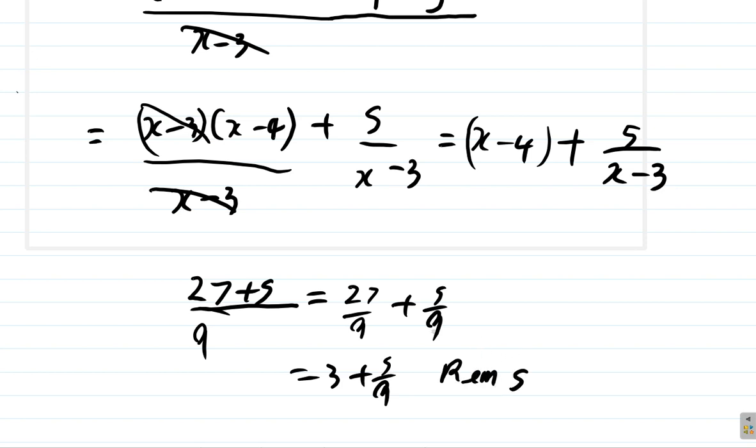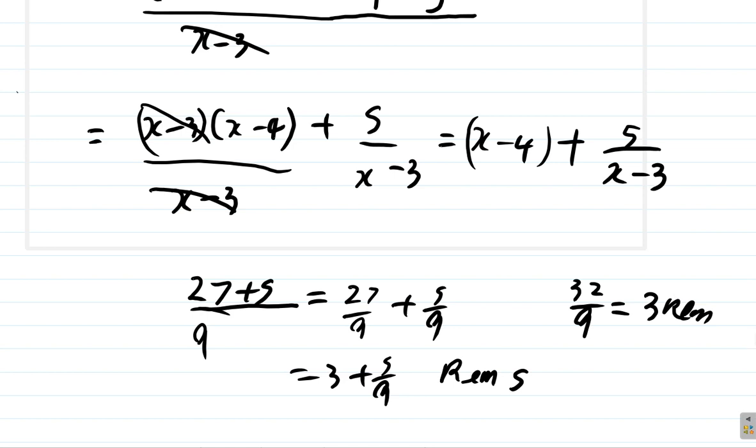Don't believe me? Let's do something here. 27 plus 5 is 32. 32 divided by 9 is what? 9 into 32 goes 3 times. It's 27. Remainder: 28, 29, 31, 32.